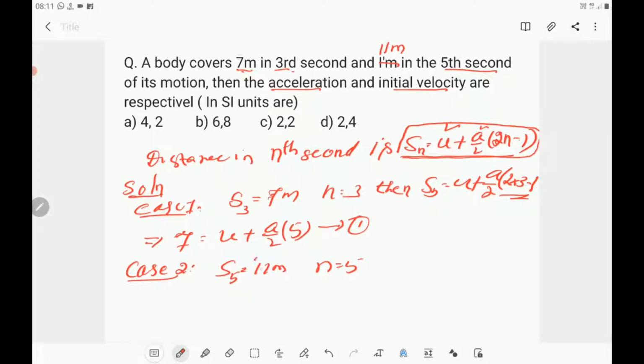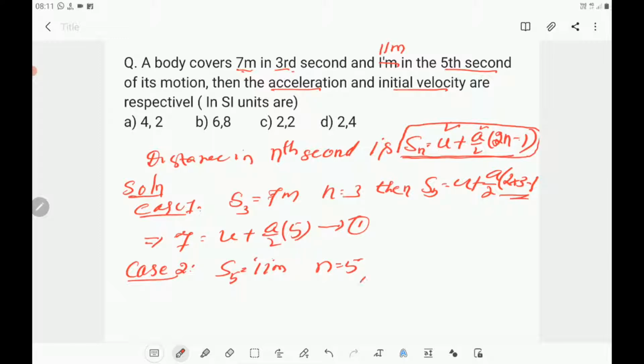It moves 11 meters in the last, fifth second. In the fourth second a different distance, in the third second a different distance, second different distance. All you add together, you get the distance in full 5 seconds. But in the full 5 second distance, in the last fifth second it has moved a distance of 11 meters.